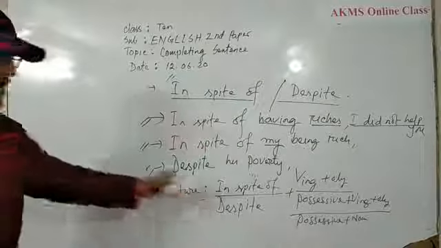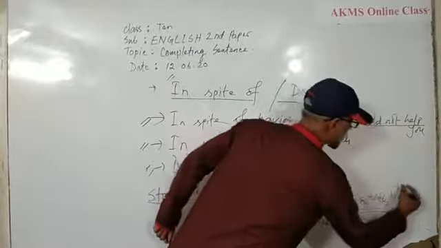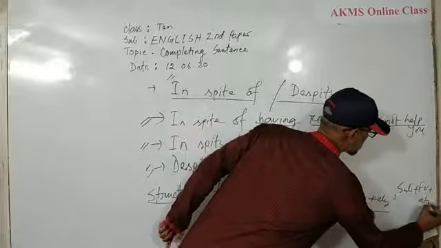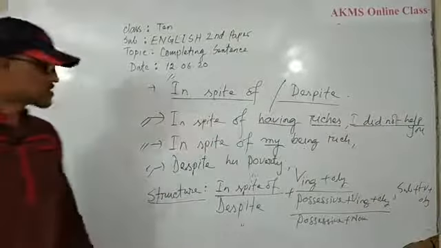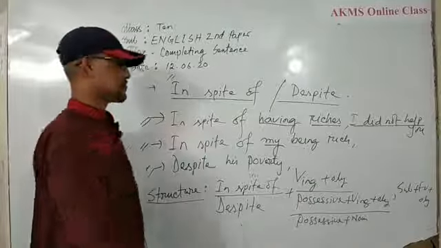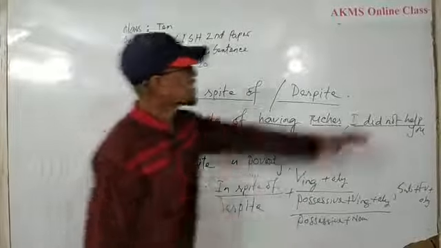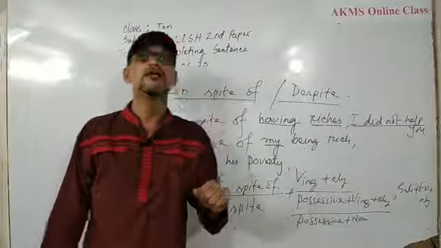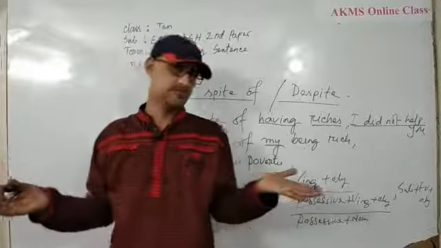This may be given and you should write another subject, finite verb and object. Okay, dears? Now, in spite of my being rich, what will you do? You can use this: in spite of my being rich, I am not honest.